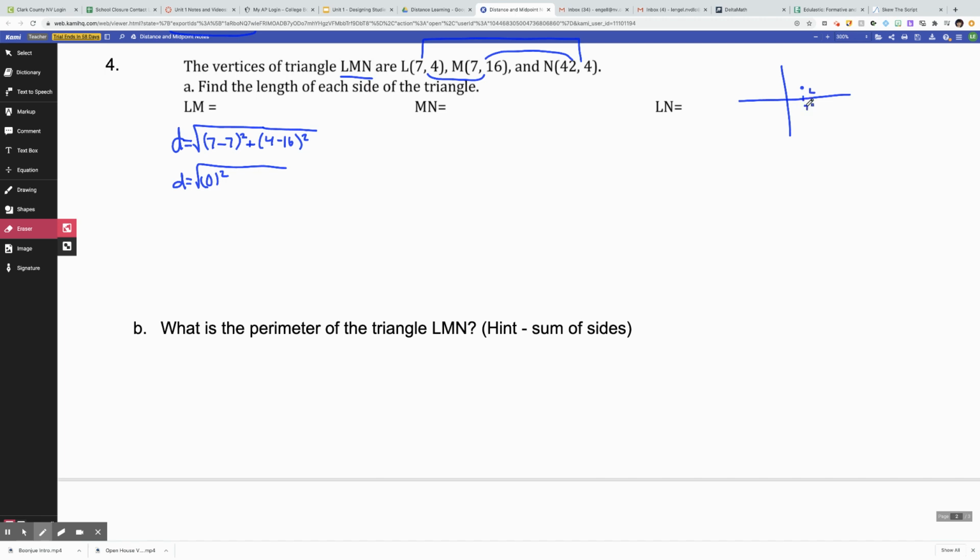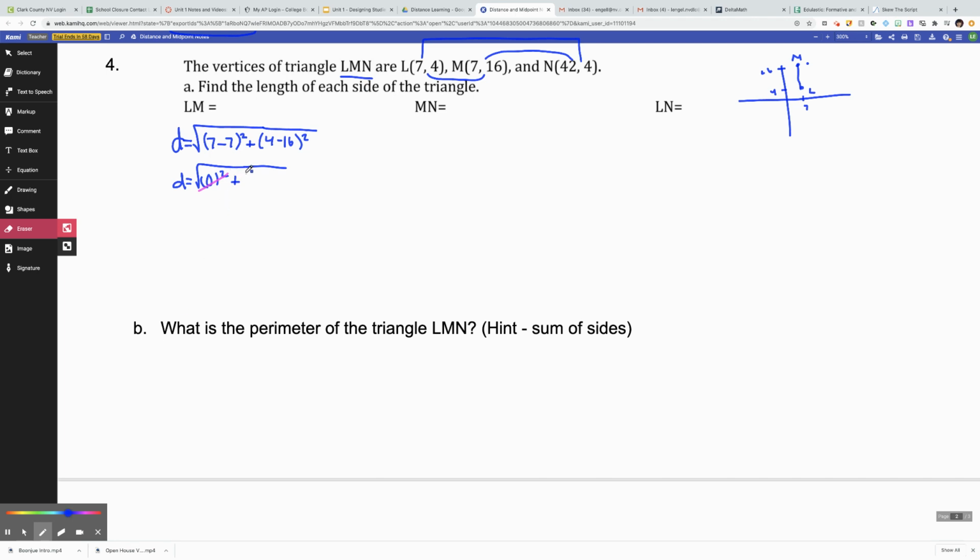Say this is 7, right? And then you had the point M, say up here, and that's like right here, this is 16, and this is 4, right? So see how it's a straight line up and down? Okay. All right, so you're going to end up with a 0 here, which means I can just get rid of it, right? I can just cancel it out, okay?